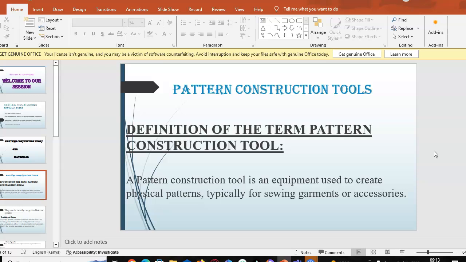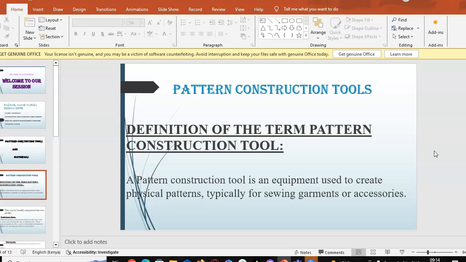So today we are going to start off by defining terms. The first term that we're going to define is construction tools. I'm going to request one of you to read for us the definition of pattern construction tools. I'm going to call upon Samantha Keino to come and read for us our first definition.